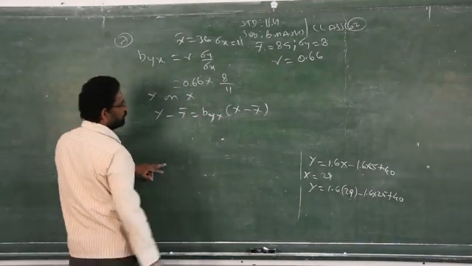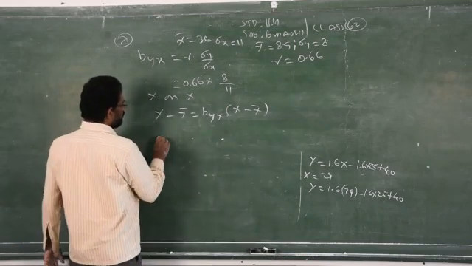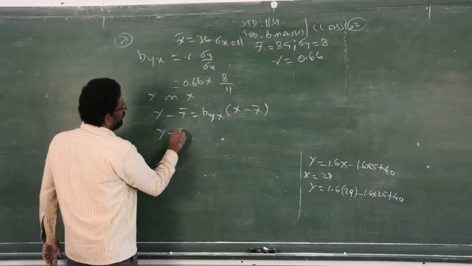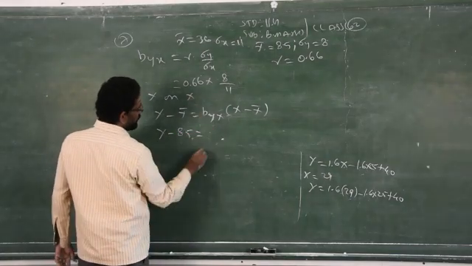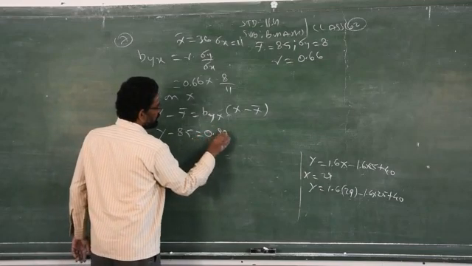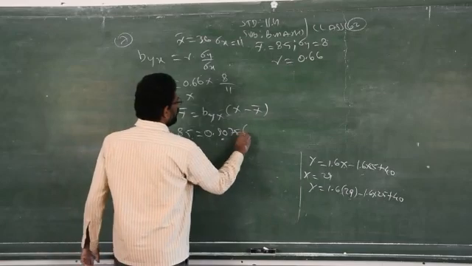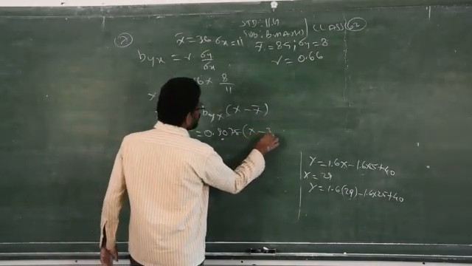After that, you have to replace x by what? After that, you will get some value. Y minus, what is y bar? 85. You will get some answer, that is 0.9075. You check, sometimes it may be wrong. Then x minus, what is x bar? 36.